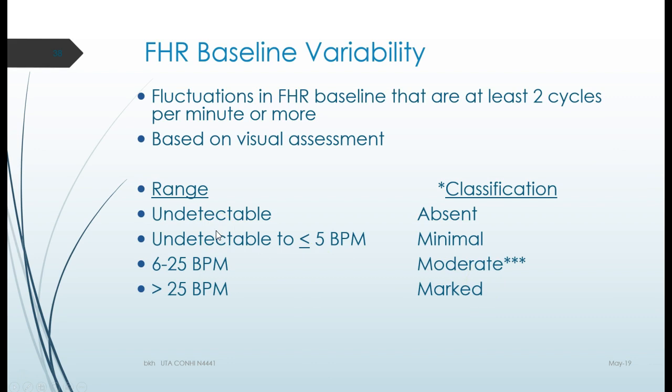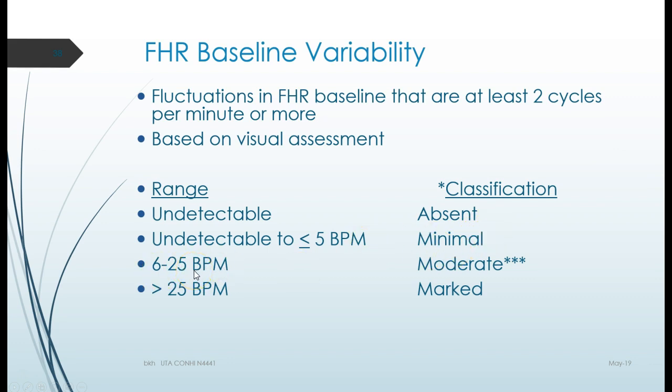So if we were to look at our fetal monitor strip, and it looks like somebody drew the fetal heart rate on that paper using a ruler, because that is so flat, we call that absent. There's no change. It's 125, 125, 125. Undetectable is at least there's something, but it's 5 beat variation or less, and we call that minimal.